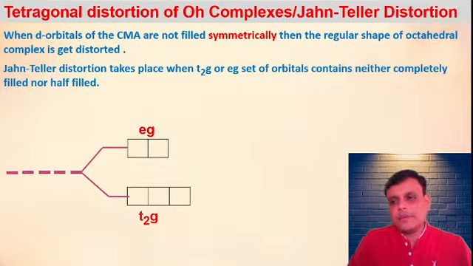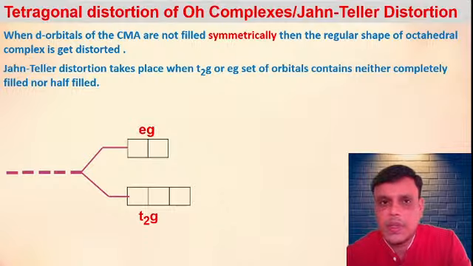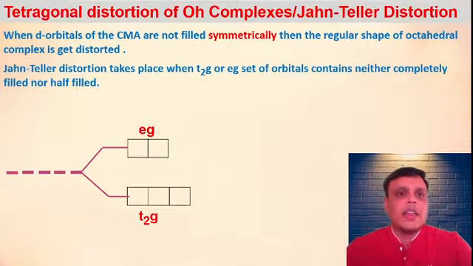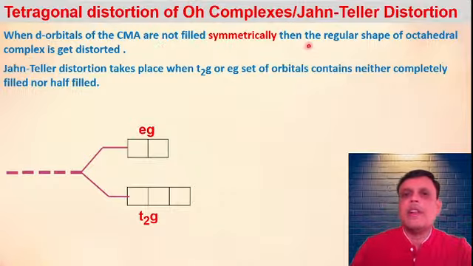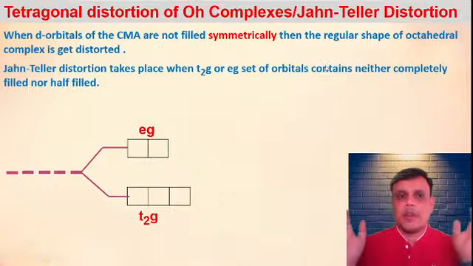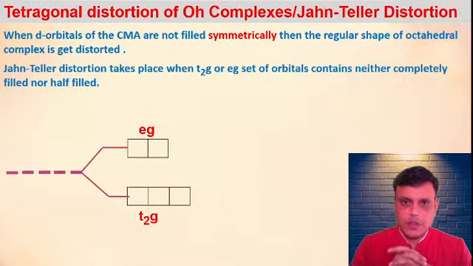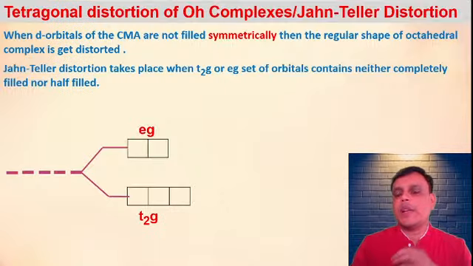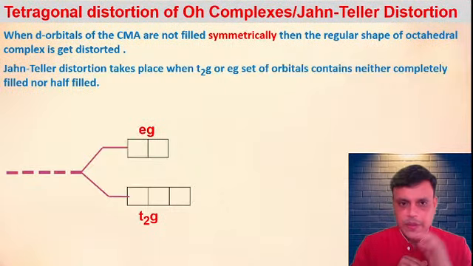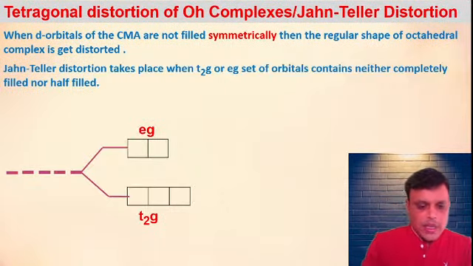Correct. When the d orbitals of central metal atoms are not symmetrically filled, then the regular shape of the octahedral complex is distorted. Okay, so what is meant by symmetrical filling and unsymmetrical filling of the orbital, that we will see.